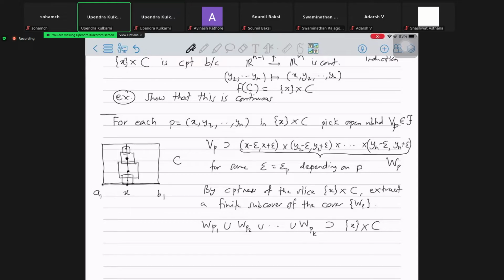But in fact, notice the following. The W's, so this entire thing covers not only X cross C, but you see it covers something bigger.